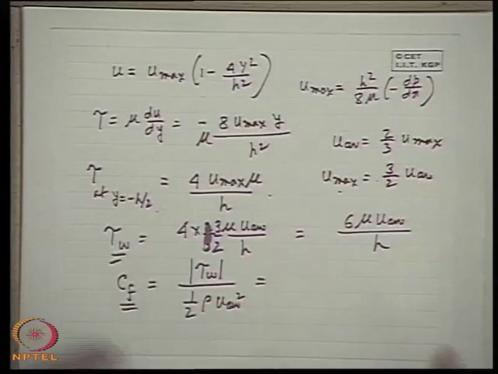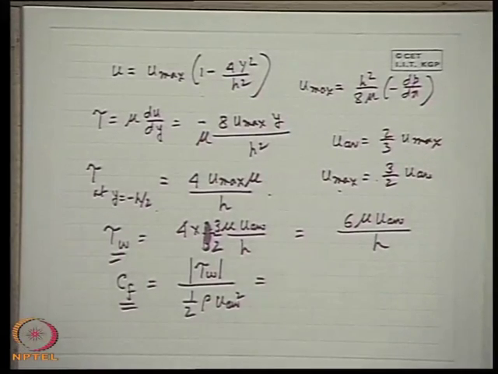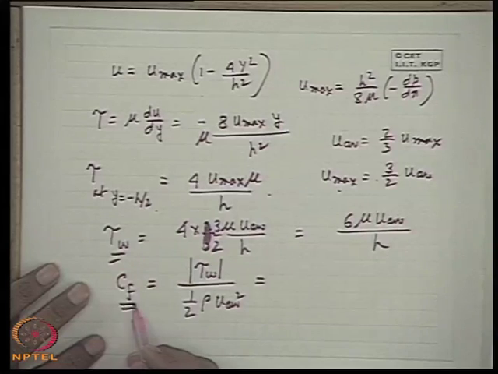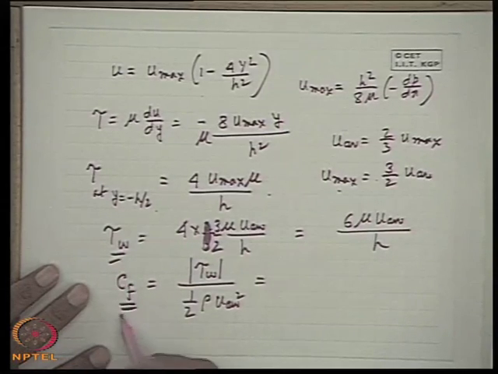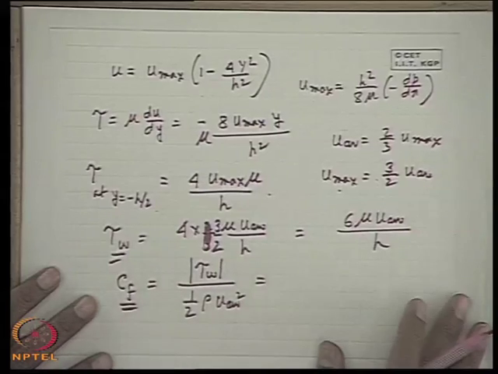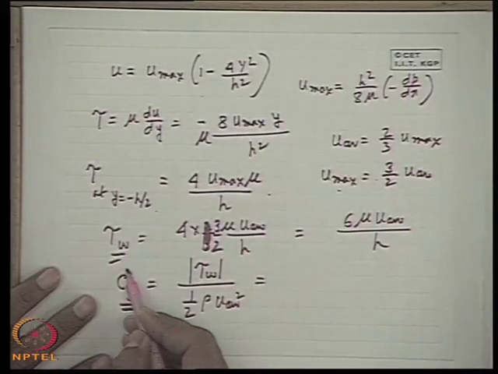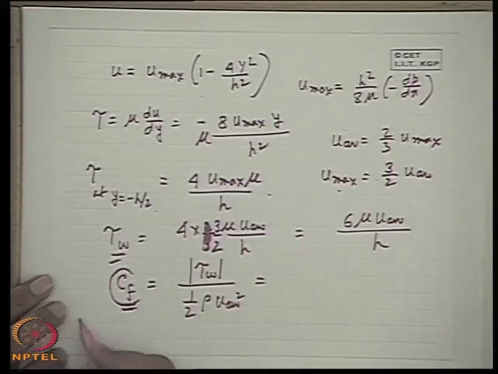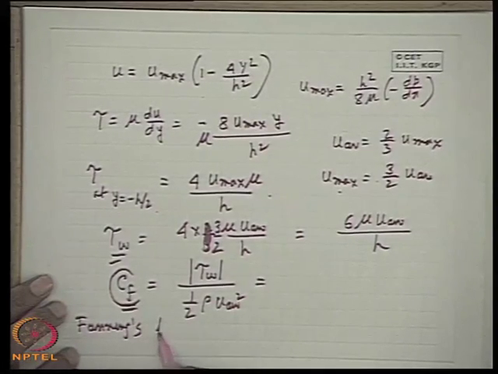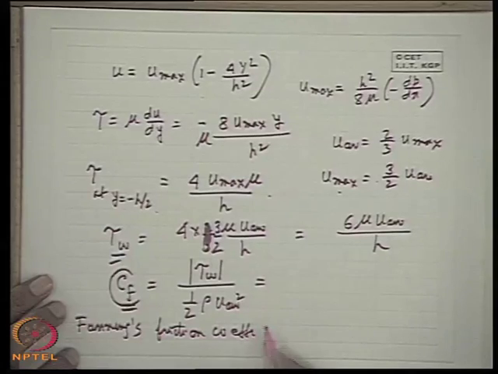Now, in this context, I would like to tell you, afterwards we will be discussing flow past bodies. So, this is a very good thing to remember, that when flow takes place over a body or within a duct, we define a skin friction coefficient. This is known as Fanning's friction coefficient, which is due to the shear stress at the solid surface.